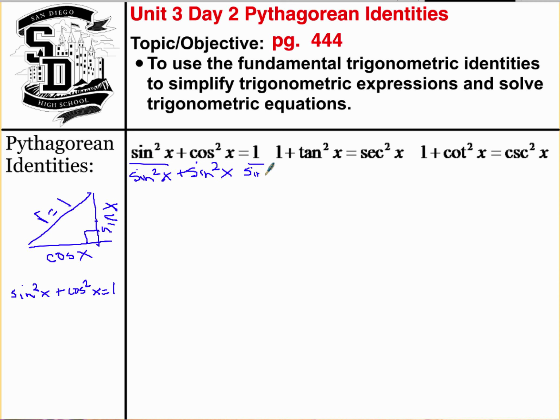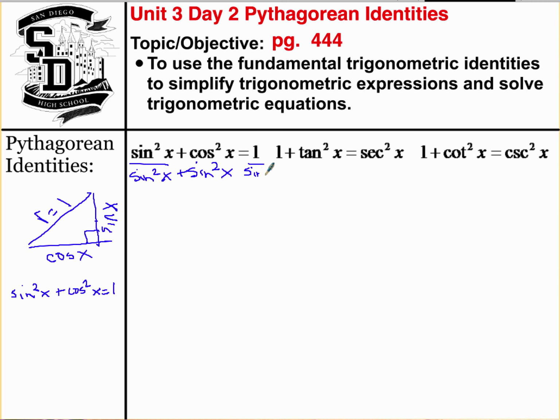Cosine squared divided by sine squared is cotangent squared. And 1 divided by sine squared is cosecant squared. And as you can probably see, that is where we get this third of the Pythagorean identities from.